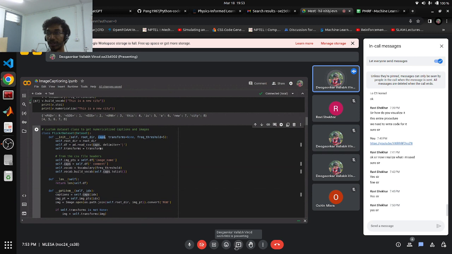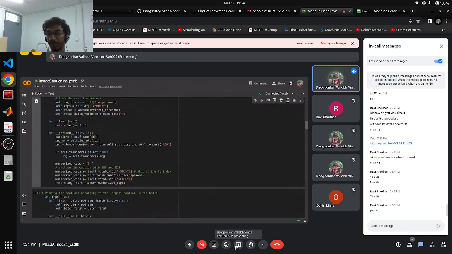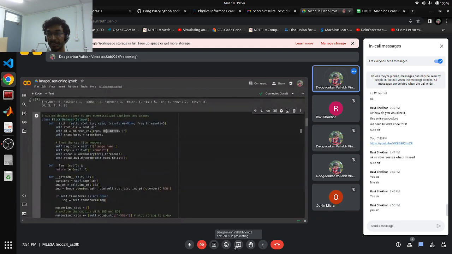I will also tell where my captions are being stored, that file wherever my captions are stored. And this data set loader, this function, will at a time take 32, let's say if my batch size is 32, it will take 32 of the paths from this directory and only take those and load them into my RAM.